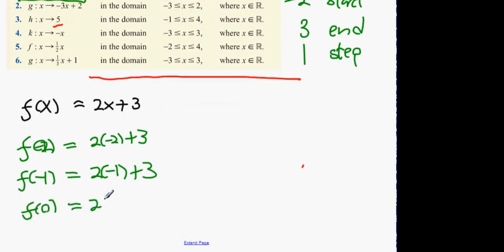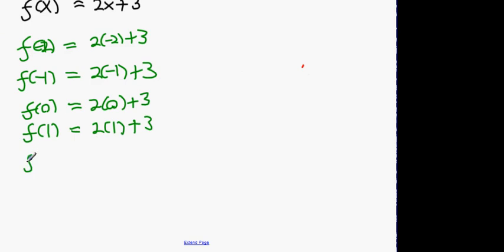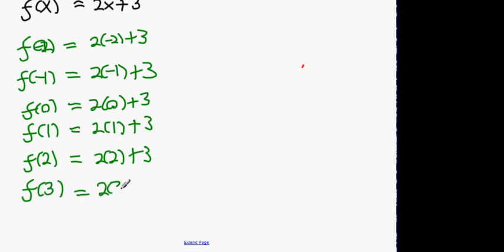Now you have to write this out, otherwise you lose marks, and this is basically showing your workings. f of 1 equals 2 times 1 plus 3. Then f of 2 is 2 times 2 plus 3. And finally f of 3 is 2 times 3 plus 3.